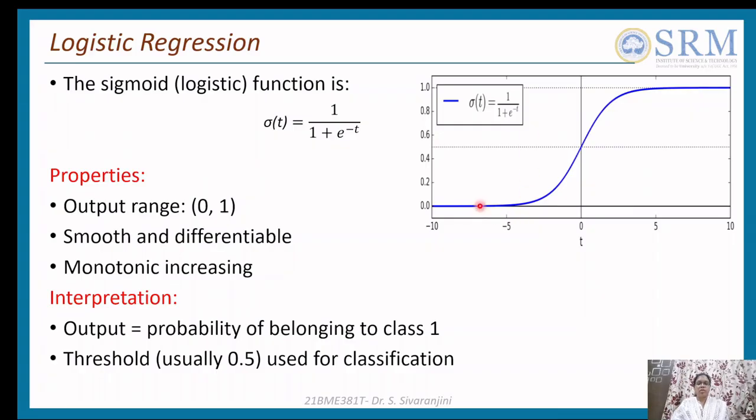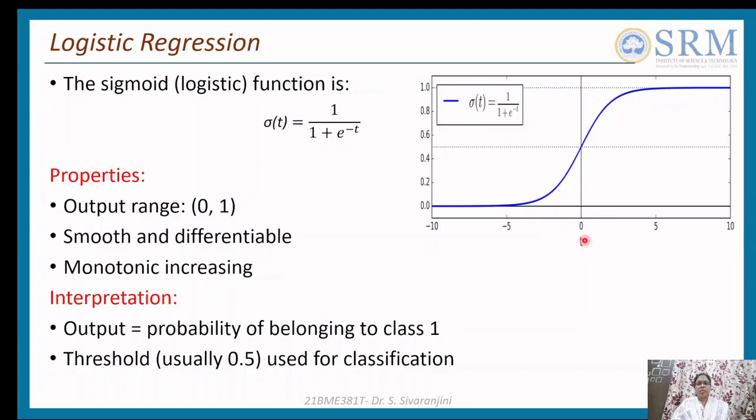You can see that this is the value of t at 0. When t goes on the negative side, the curve flattens near 0. And when the value of t goes on increasing, on the positive side, the curve flattens near 1.